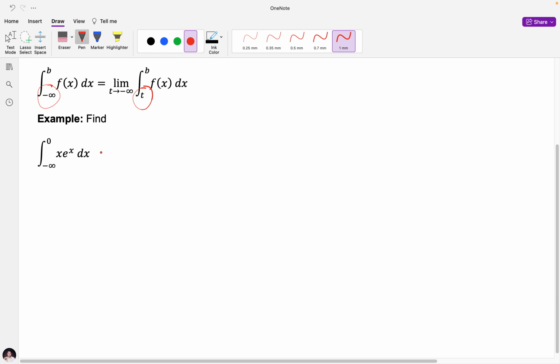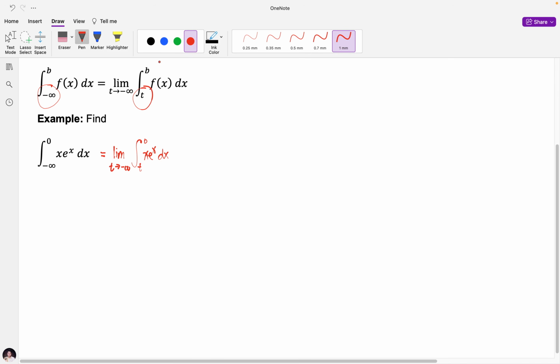So this can be written as the limit of the integral of x times e raised to x dx. We will replace negative infinity by a variable t, and our b is 0 as t approaches negative infinity. Okay?